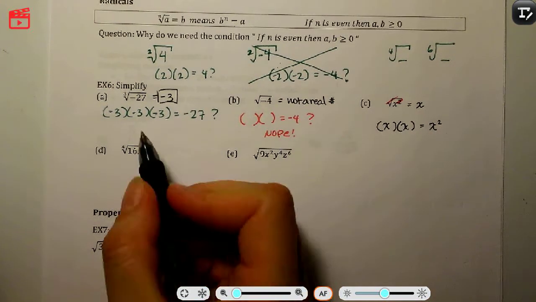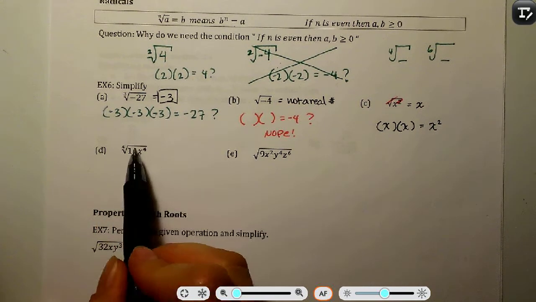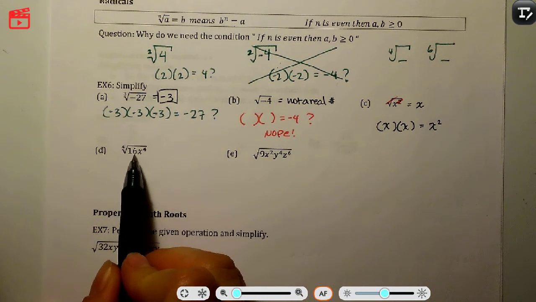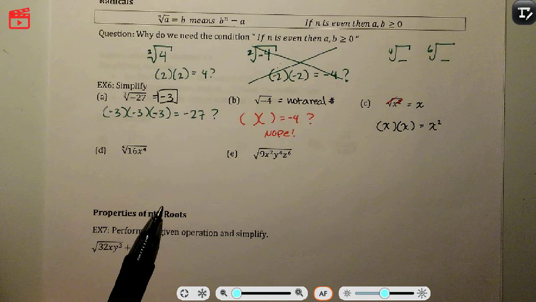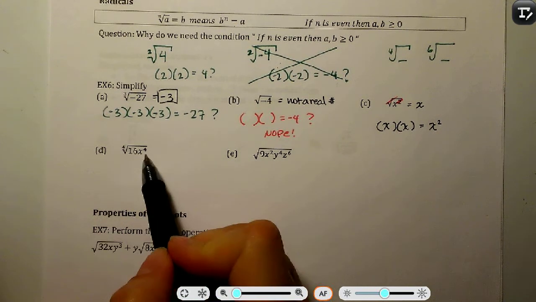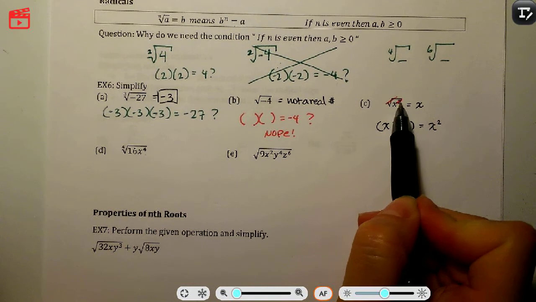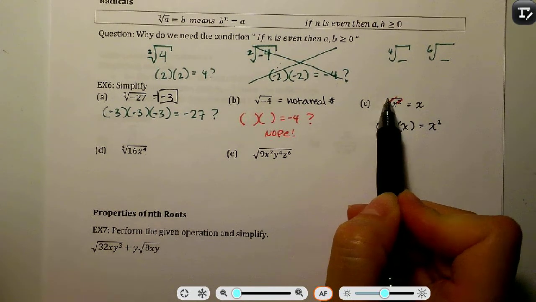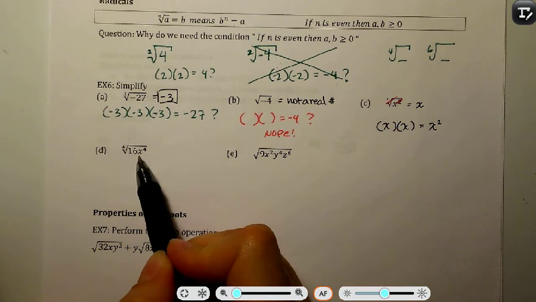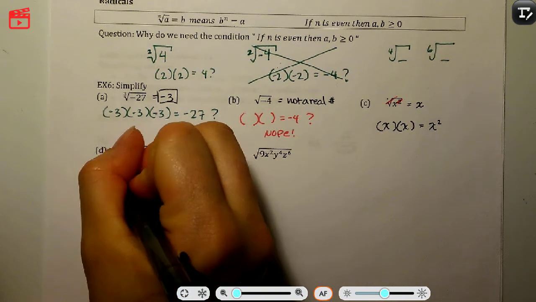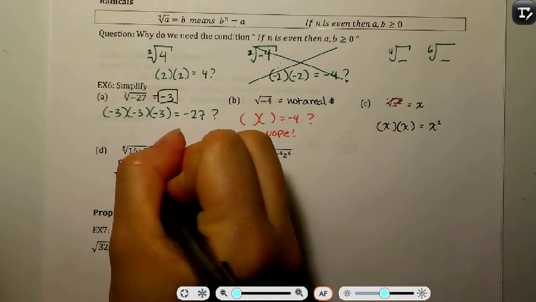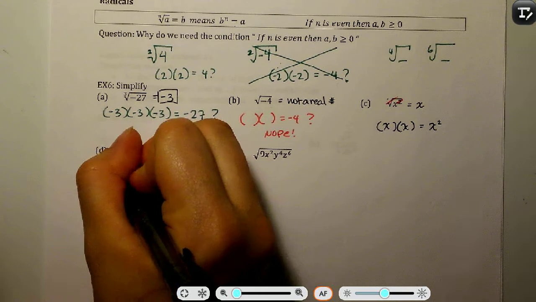Okay, D. It's getting a little more complicated here. So the fourth root of 16 times x to the fourth. So what we're going to do, this concept we used here about having something raised to the same power as our radical, we're going to try to do that here. I want to get the inside to be the same power as my radical.